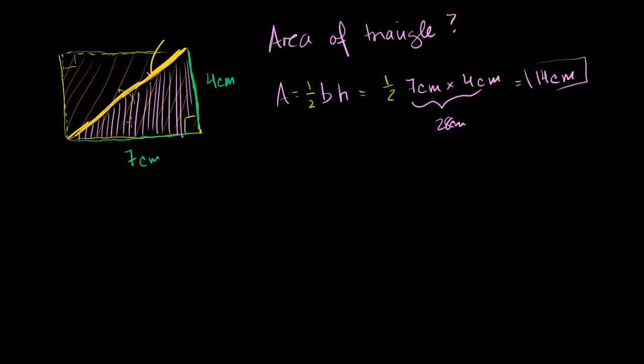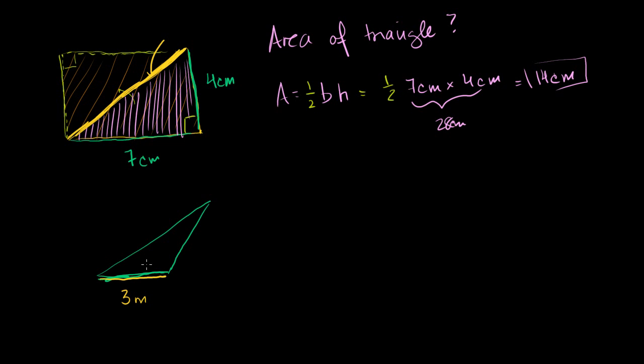Let's say I have a triangle that looks like this. This was a very special case that I drew to make it look like half of a rectangle. But let's say we had a triangle that looks like this. It's a little bit more skewed. And let's say that this distance down here is 3 meters.